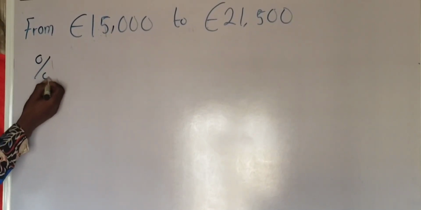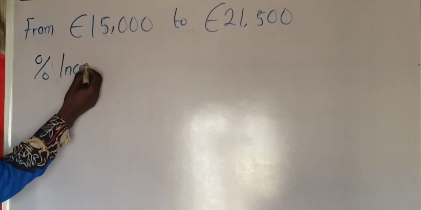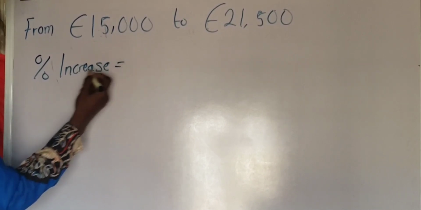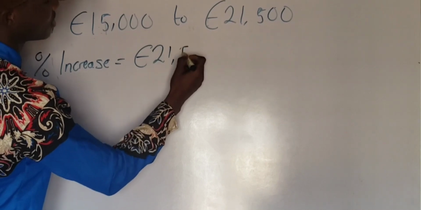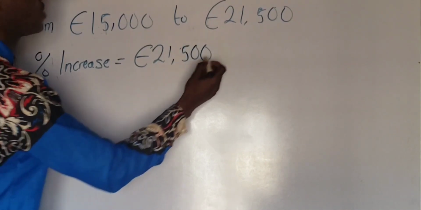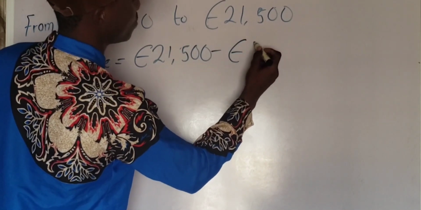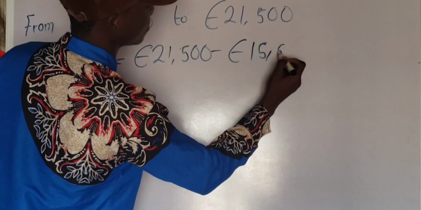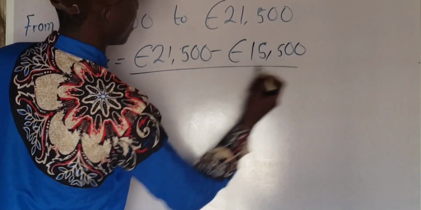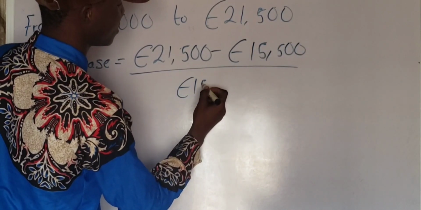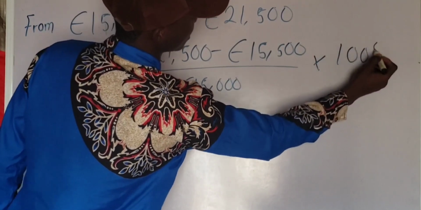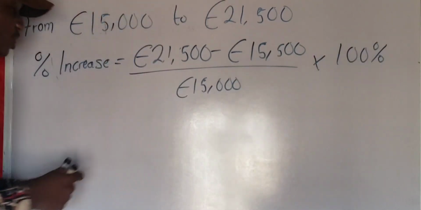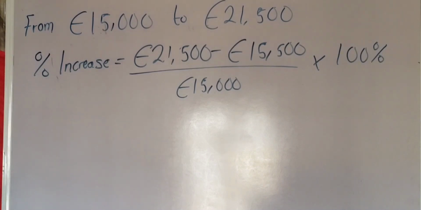Percentage increase is equal to the new value minus the old value, which is 15,500, all over 15,500 multiplied by 100%. I'm very sure if you are part of our first class, you should be able to solve this.